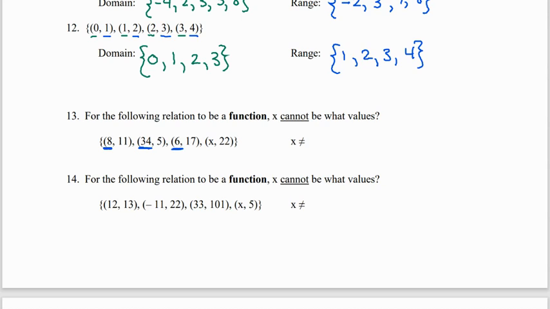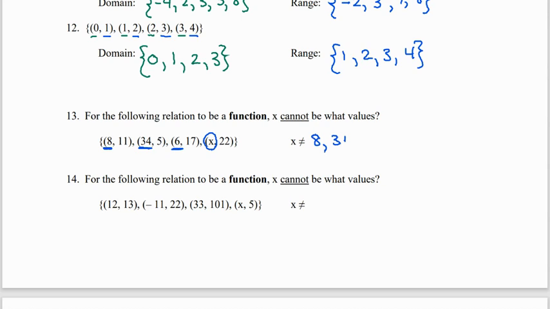We want to make sure it stays a function. So what we have to try to figure out is what cannot, because it's easier. There's more things that it can be than it can't be. What can't x be to make sure we stay a function? And so remember, a function is that we can't have repeats. So we cannot put an 8 there, because if I put an 8 there, those would be repeating. So we don't want an 8. What else don't we want then? 34.